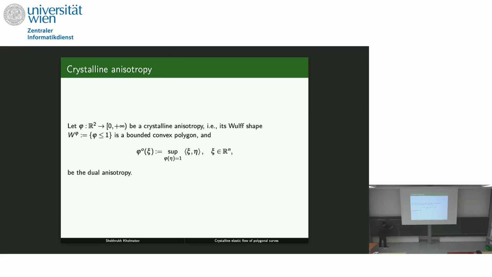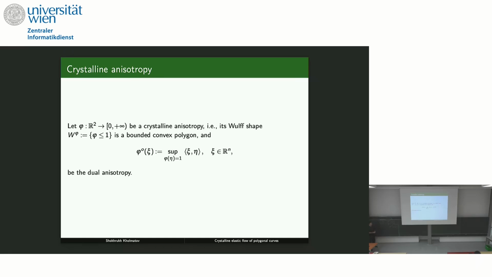Crystalline means this set is basically a convex polygon containing the origin in its interior. Things of this kind, starting from the seminal works of Taylor, have been studied a lot, especially related to anisotropic crystalline curvature flow.